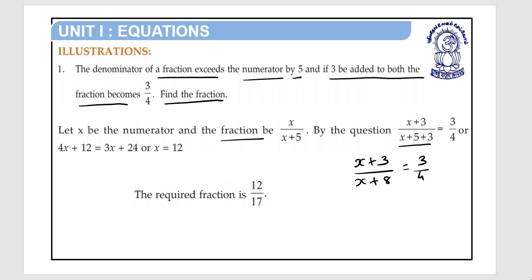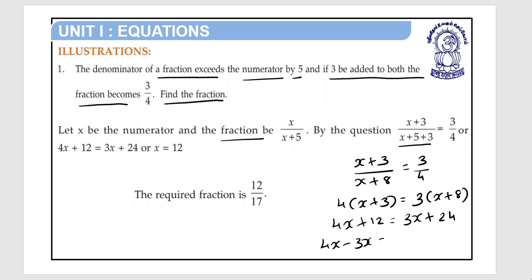Take cross multiplication. So 4 into x plus 3 is equal to 3 into x plus 8. 4x, 4 3s are 12, 3x, 3 8s are 24. 4x minus 3x is equal to 24 minus 12. So x is equal to 12.